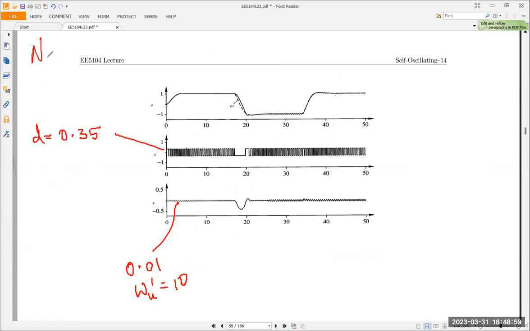The AC gain is NA equals, you look at, this is 3.5, this is 0.01. So it's 0.35 over 0.01, which equals 35. So what is the DC gain? It's always half.